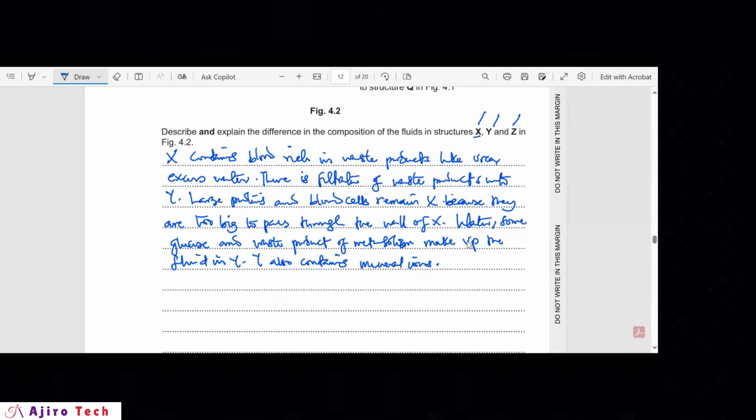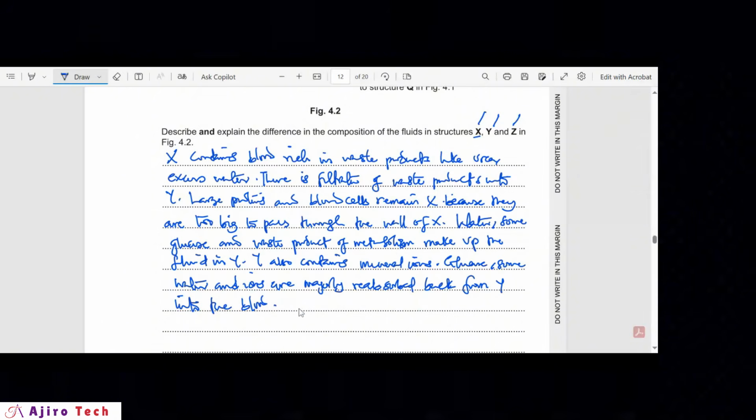So we say that glucose, some water, and ions are majorly reabsorbed back from Y into the blood. There is no glucose in Z. As a result, there will be no glucose in Z.